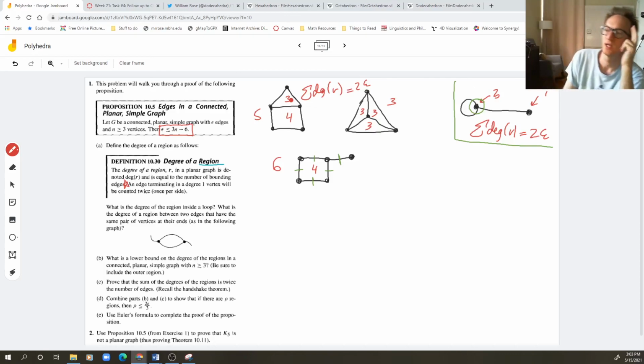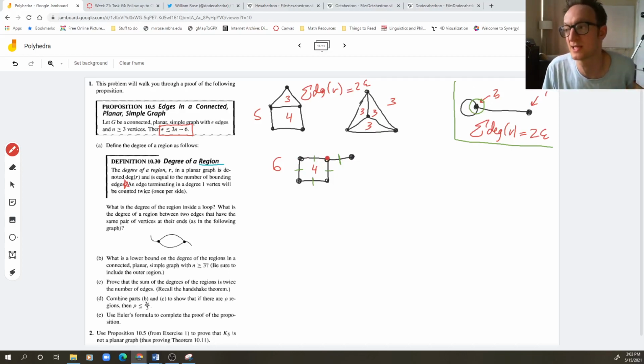And so it's the motivation for why we insist that this edge here contributes twice to the degree of this region, because only in that case does it work. We agree, of course, here that we have 5 edges, and so we need it to be the case that the degree of this outside region is 6.